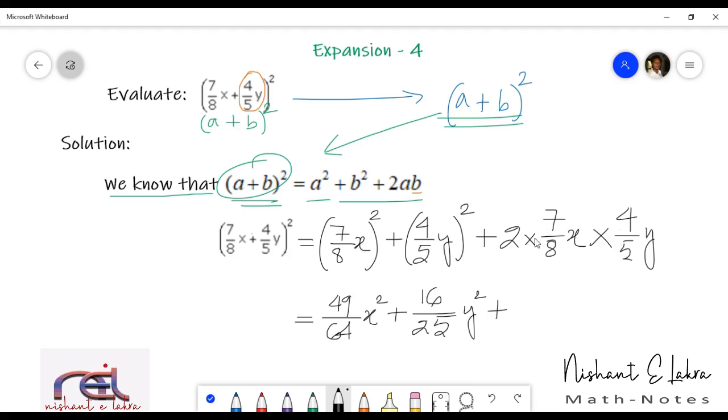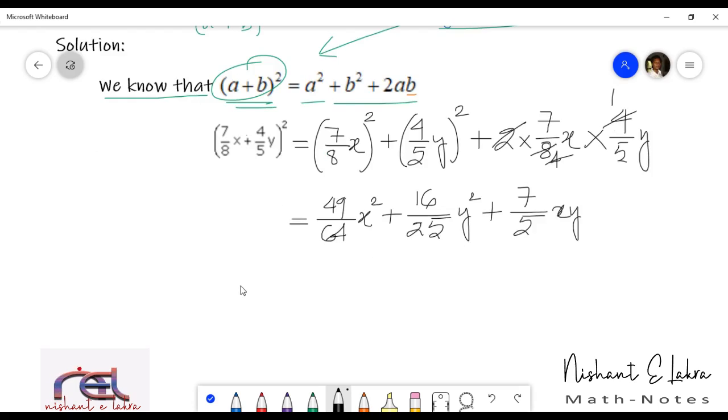Plus, let's see if we can cancel any of the numerators and denominators. Yes, 2 4s are 8 and 4 1s are 4. So we are left with 7 into 1 is 7, 7/5, 7/5 xy, because x into y is xy.